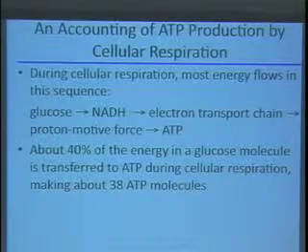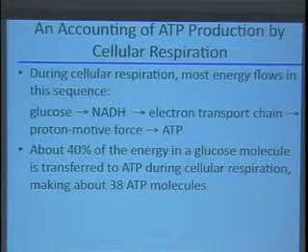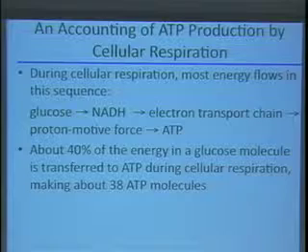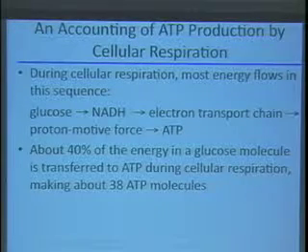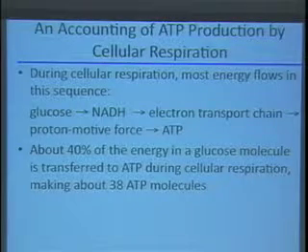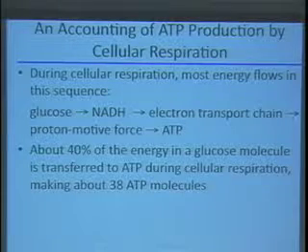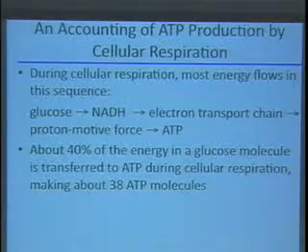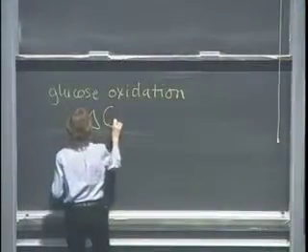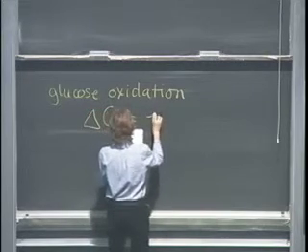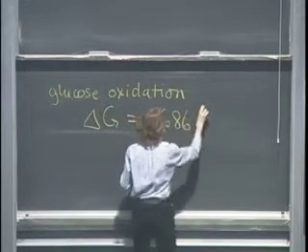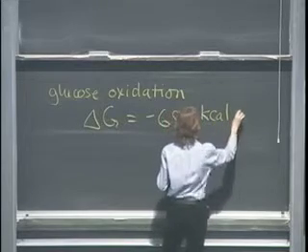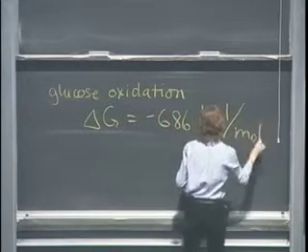Now, let's do a little accounting. So if we said last time that for each molecule of glucose that is completely oxidized, so if we say glucose oxidation, overall delta G for that reaction is minus 686 kcals per mole, right?